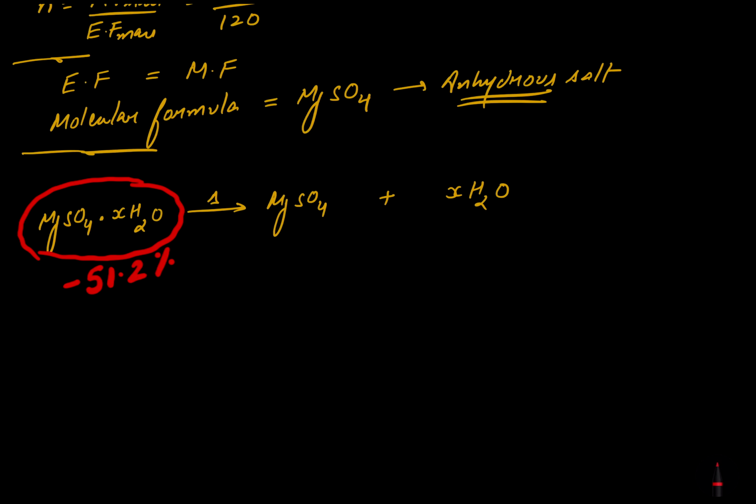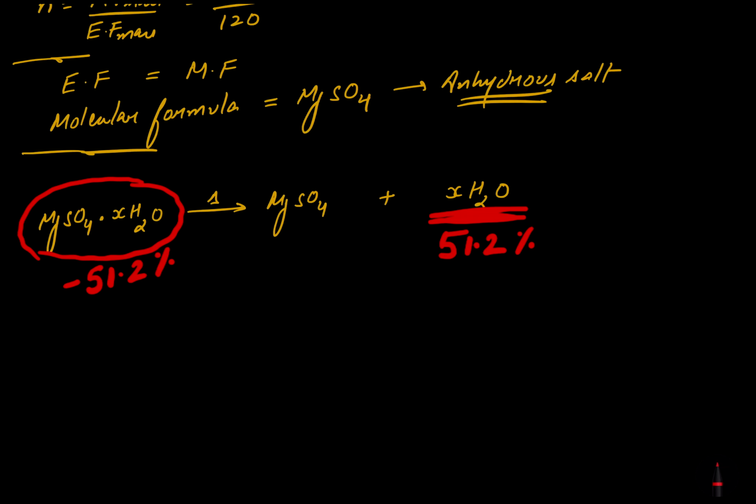When we heat the magnesium sulfate dot XH2O, it loses 51.2% of weight. That means the water over here is 51.2% of the crystalline magnesium sulfate. So what is left?